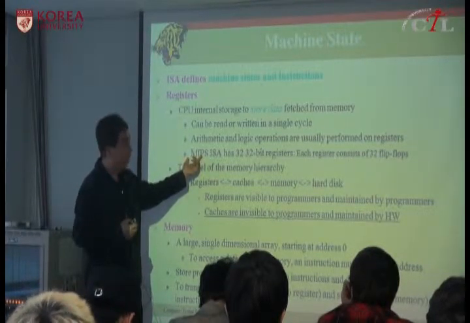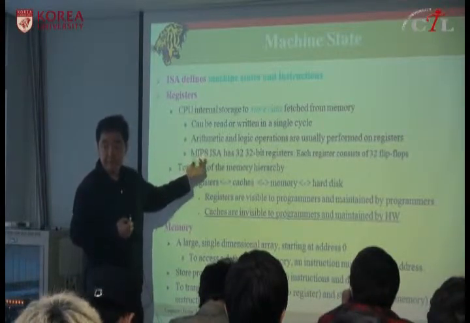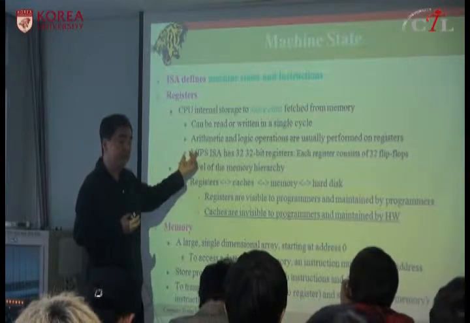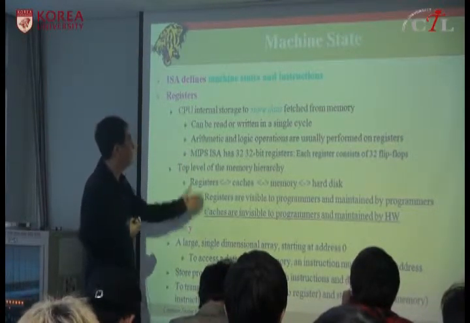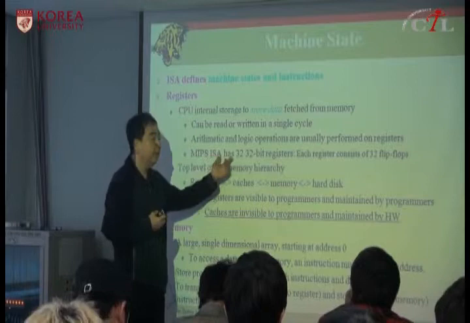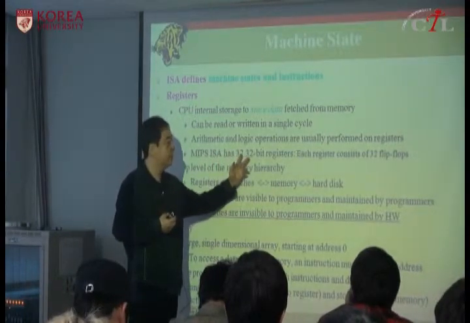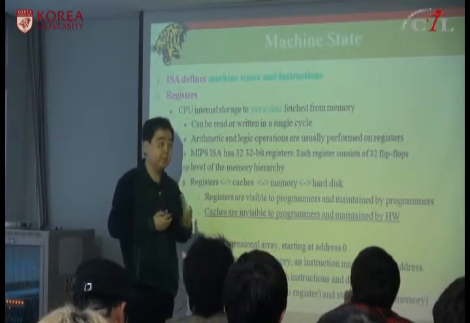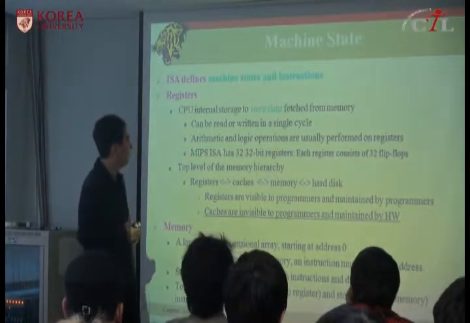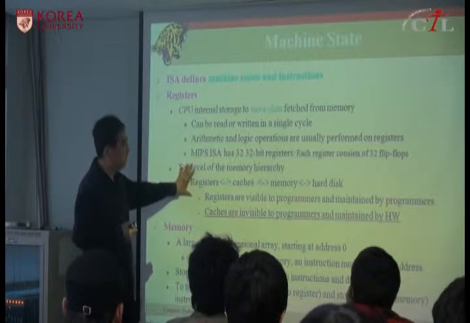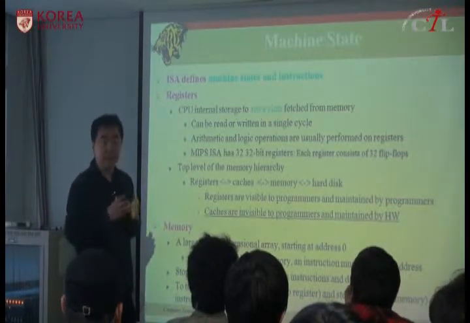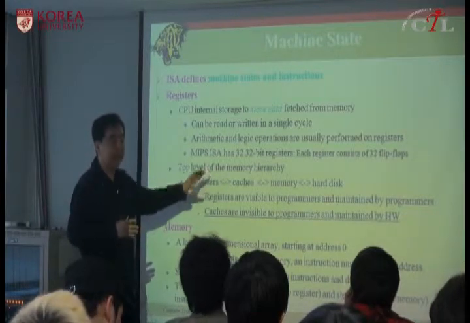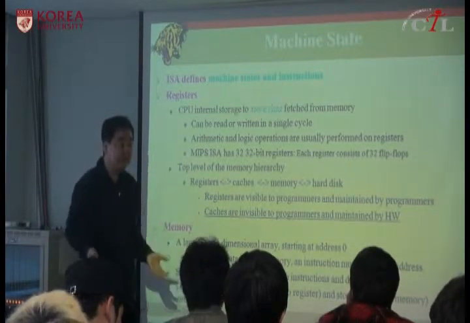MIPS has a 32-bit version and a 64-bit version, but you're studying the 32-bit MIPS architecture. The 32-bit MIPS instruction set architecture has 32-bit registers, and each register is 32 flip-flops. Okay? So the register is the fastest memory in the computer system. Okay, it's at the top of the memory hierarchy. There is some fast memory and some slow memory.